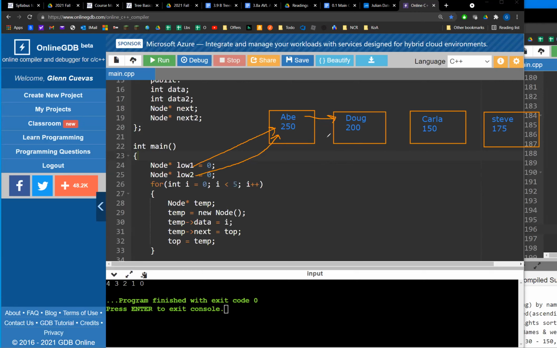He's after Abe in name order, but he's going to be before Abe in weight order. So what happens is our other pointers get updated, this being our smallest person.